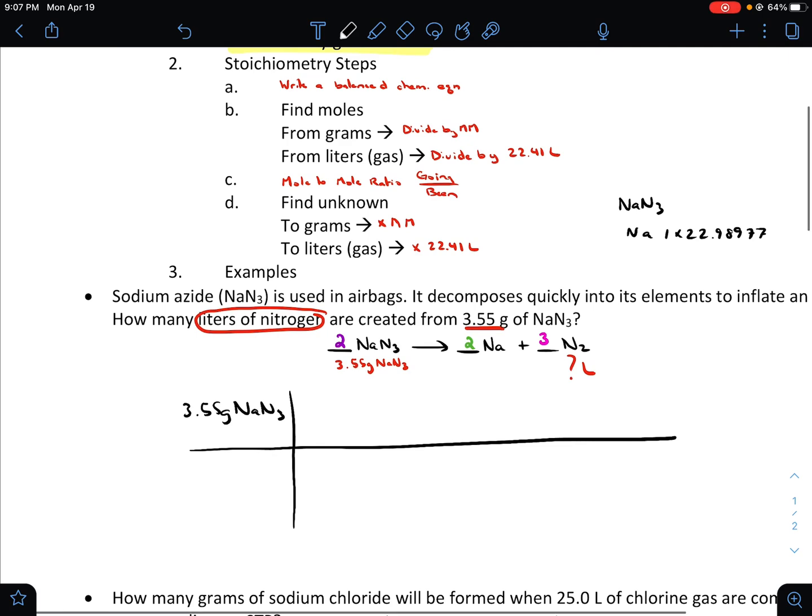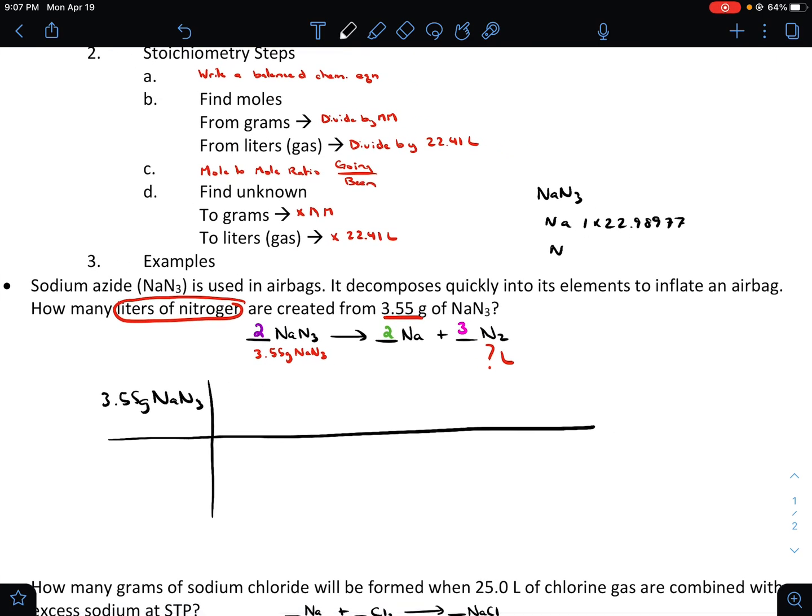I found that on the periodic table. We have N, we have 3 times 14.00674. So this one was that 22 number. Down here, 14.00674 times 3 is going to give us 42.02. And then we're going to add those up, and that's going to be our molar mass. We're going to get 65.01 as the molar mass of sodium azide.